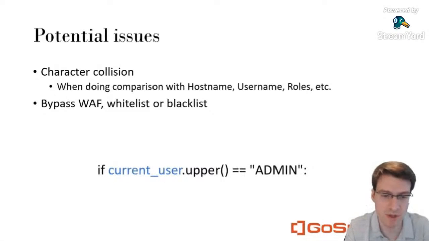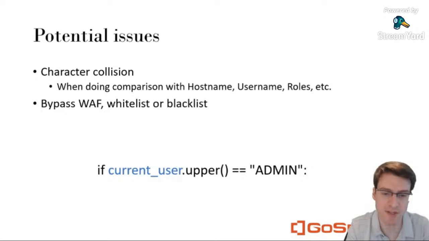Quick example, very theoretical. We have an application that wants to have a specific flow when you're logged in as admin, or let's say a specific role. So is the current user admin?